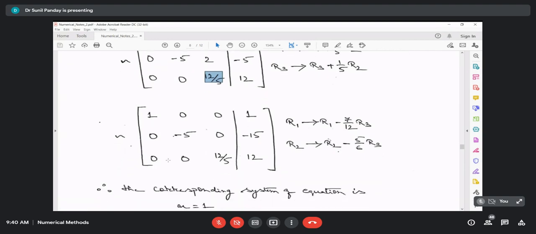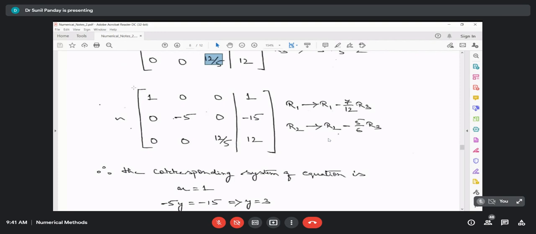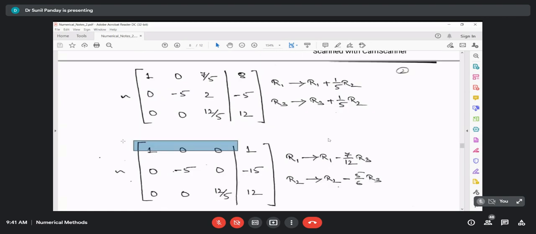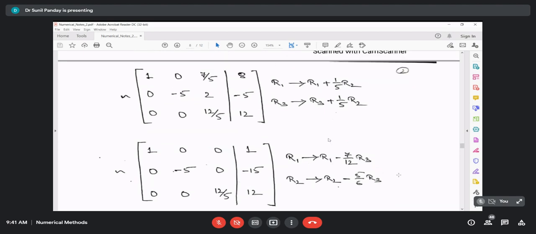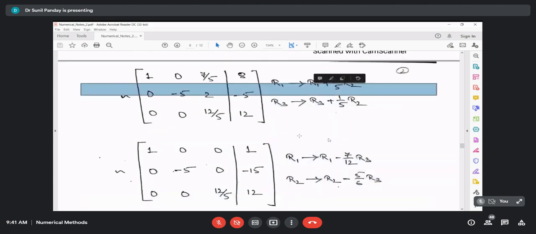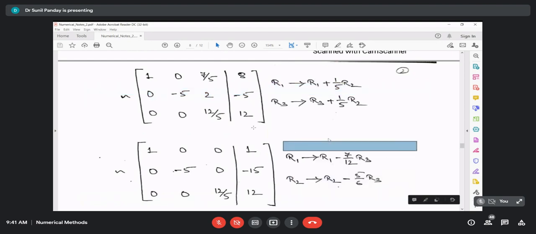Now this is the diagonal form of the corresponding A matrix of the augmented matrix A vertical dot B. Again you have to notice that you are allowed to use only elementary row operations. If you use any column operation, your results are wrong.